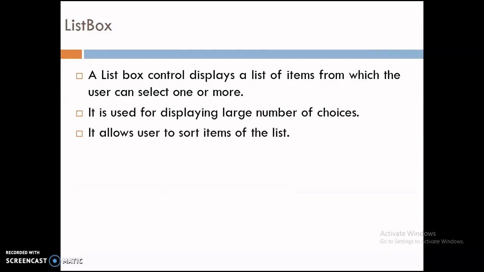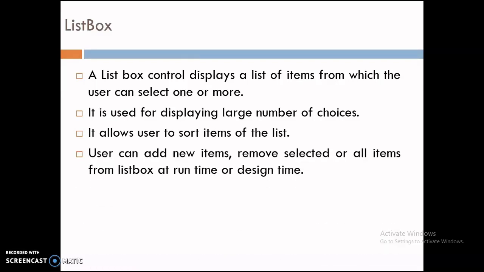It allows user to sort items of the list. It can display items in ascending order. It provides the facility to add new items, remove selected items, or all items from the list box at runtime as well as design time.